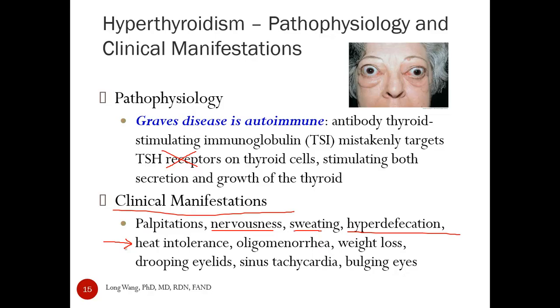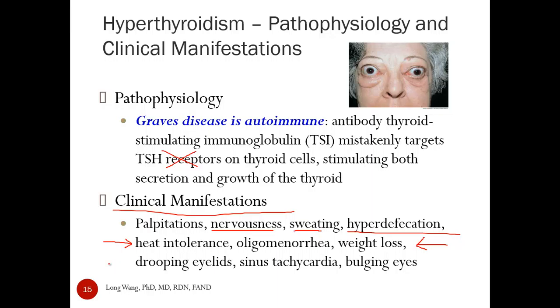The patients feel hot. And also, contrary to hypothyroidism, because of the increased metabolism, patients often have weight loss. They, of course, eat a lot, but still they experience weight loss. At the same time, they may have sinus tachycardia, so their heart rate will be too fast.